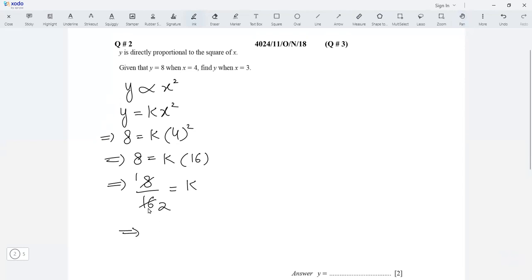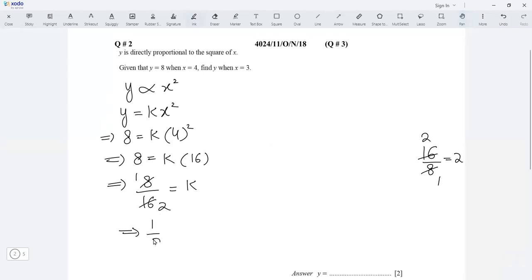Otherwise, if the numerator was 16 and the denominator was 8, then 8 1 times 8, 2 times 16, then 2 by 1 results in 2. In that case, we would have 2. But in this case, the numerator is 8 and after cutting it results in 1, and for 16, after cutting it results in 2 in the denominator. So no need to write down 2. It is basically 1 by 2.